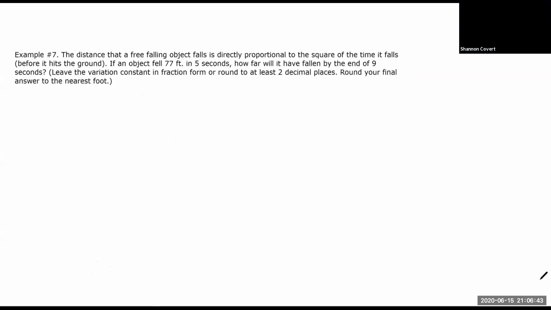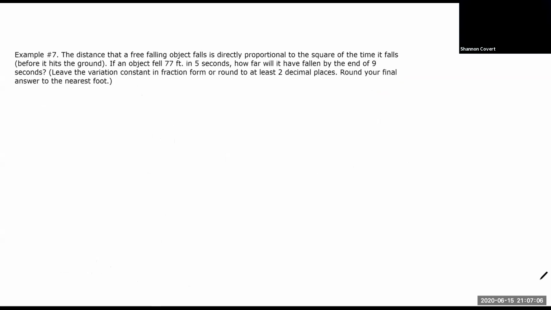Example 7 is an application problem that isn't just telling you which type of variation you're going to use. It isn't direct, quite like the problems that we did before, but it is still direct if you read it. Example 7, the distance that a free-falling object falls is directly proportional to the square of the time it falls before it hits the ground.